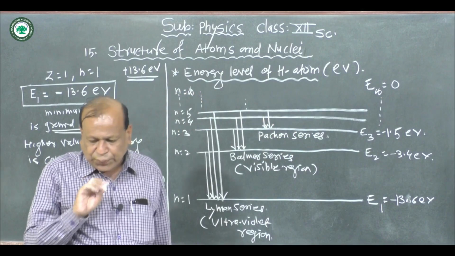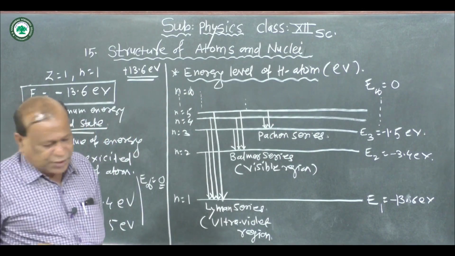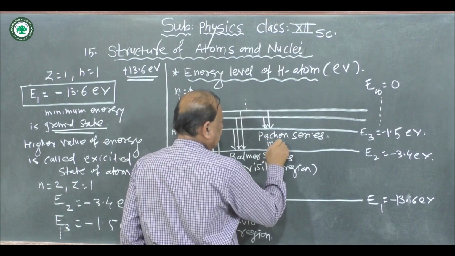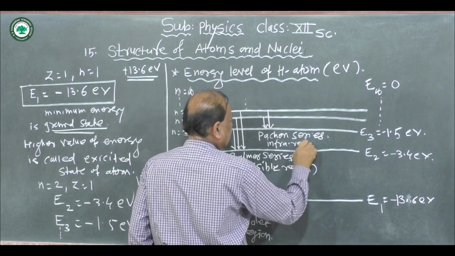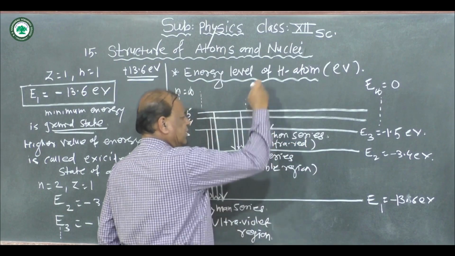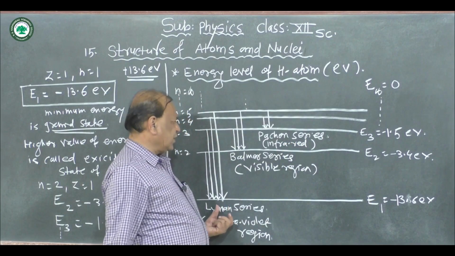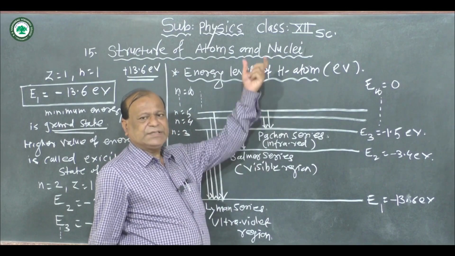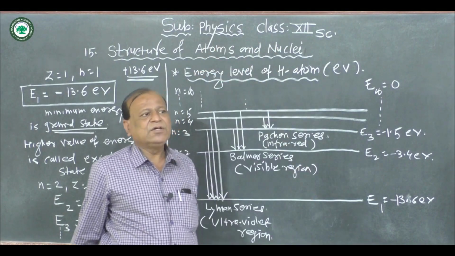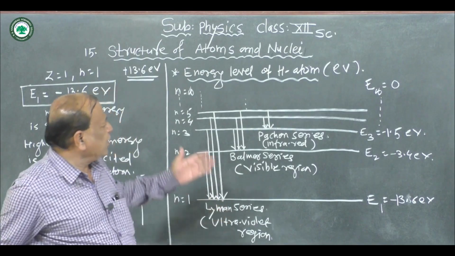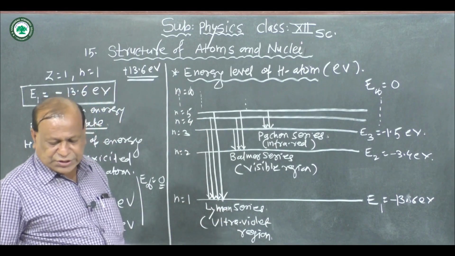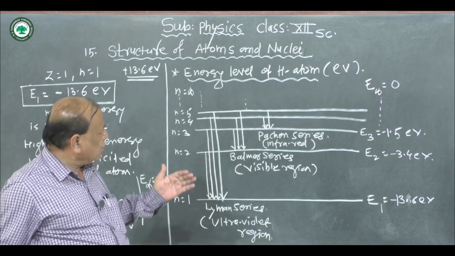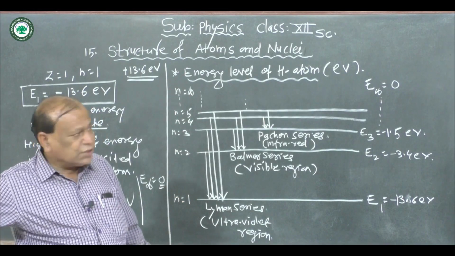That will be observed in the infrared region, and so on: Lyman series, Balmer series, Paschen series, Brackett series, Pfund series, and so on. In this way we can draw this energy level diagram for the hydrogen atom.